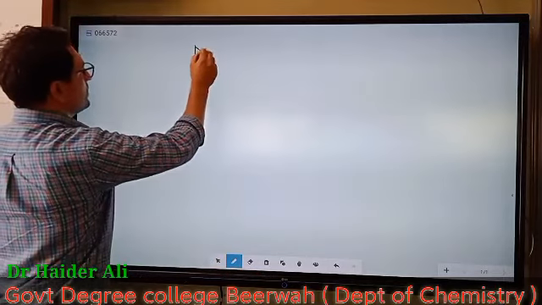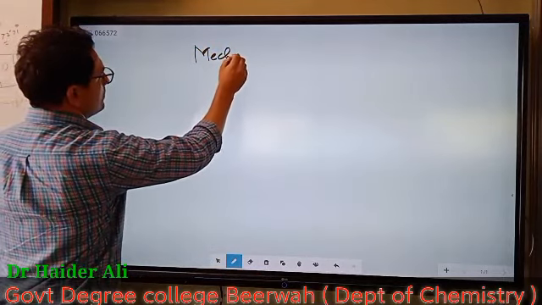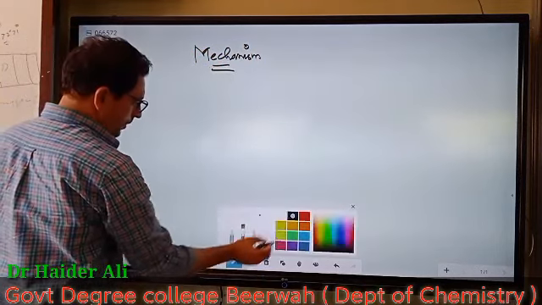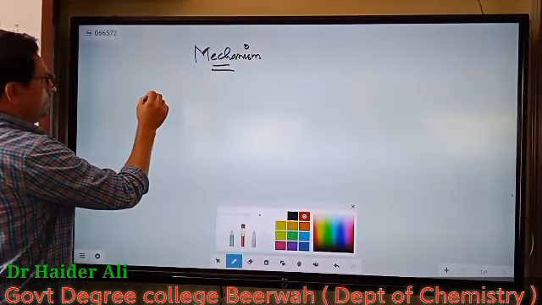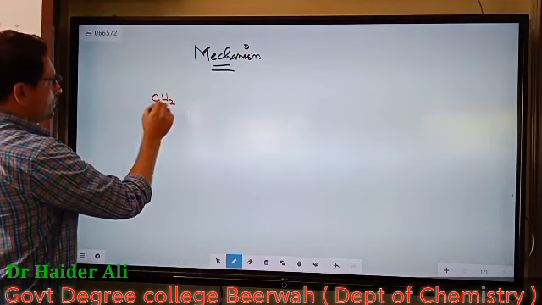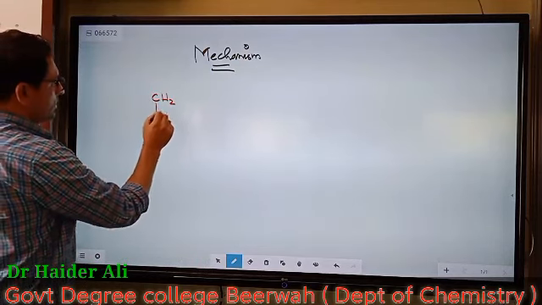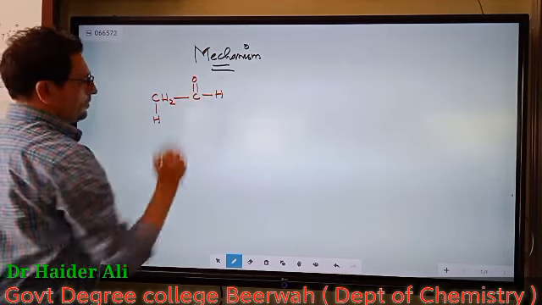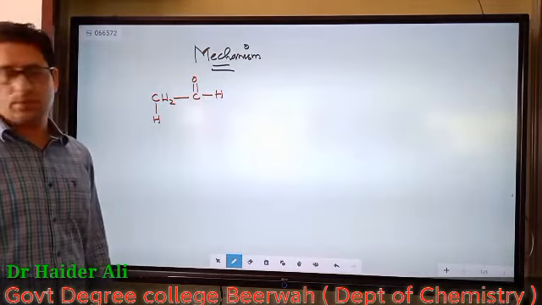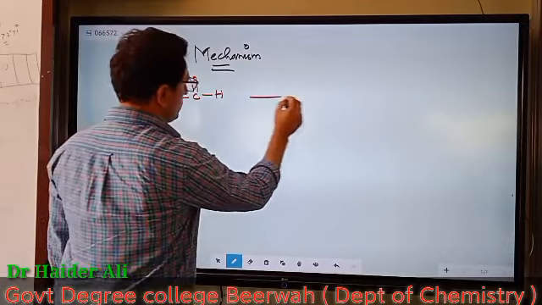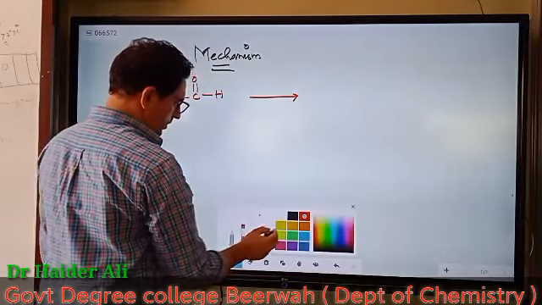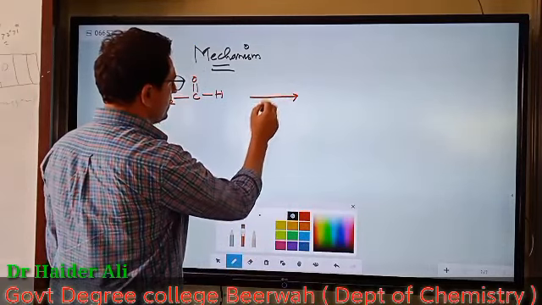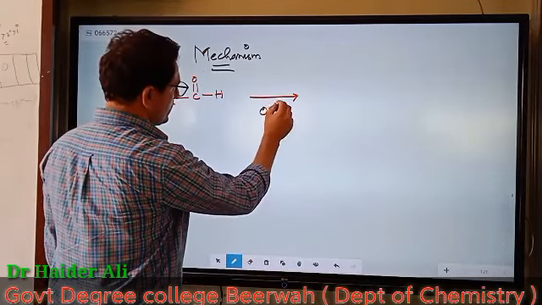CH2H C double bond O. Since we are using base in this reaction, the base is OH minus. If it is sodium hydroxide, it will be Na plus OH minus. I am writing OH minus here.